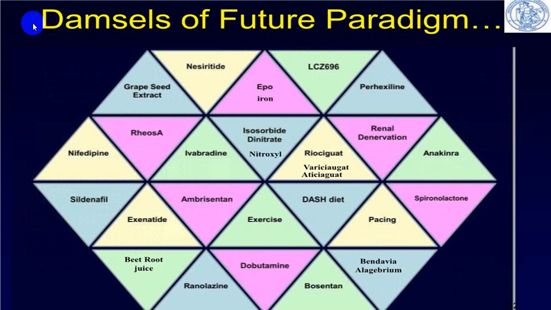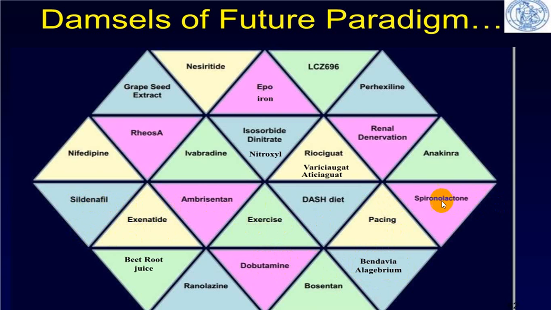Now this is called the stem cells of future paradigm. There are a lot of drugs, right from ranolazine. These are the PDE inhibitors, mainly utilized for pulmonary hypertension. Then dobutamine. Then these are all used for pulmonary hypertension, pacing, exercise, sildenafil.